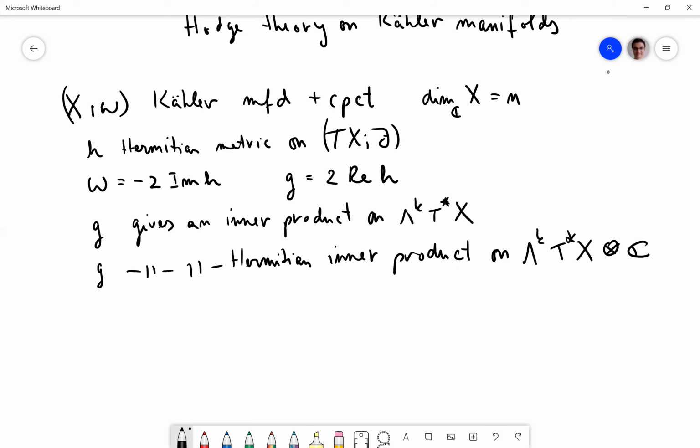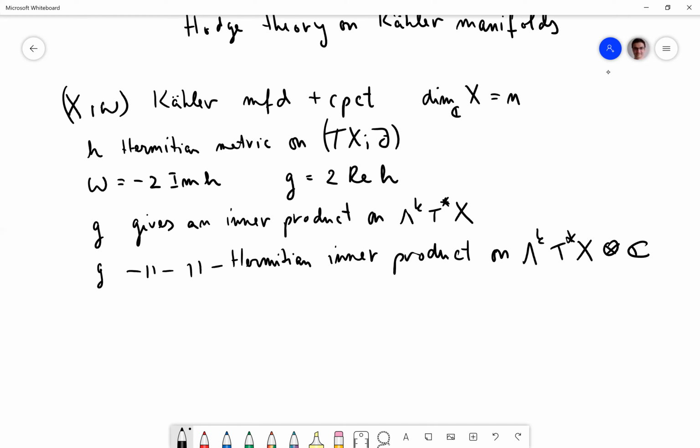The way you do this is the same way as how you associate to a symmetric matrix on R^n a Hermitian matrix on C^n, simply by complexifying the coefficients. Okay, good.